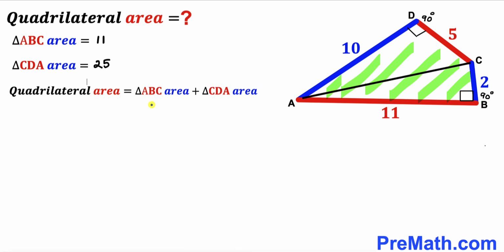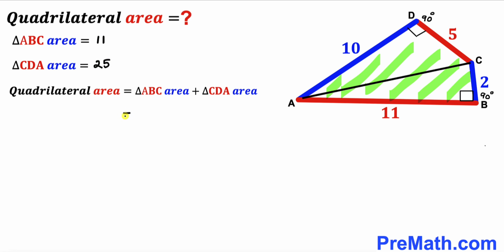And here's our final step. Now we are going to calculate the area of this whole quadrilateral ABCD. Let's recall this equation once again. The quadrilateral area is going to be equal to the area of the triangle ABC plus the area of the other triangle CDA. We already figured out both areas. Let's fill in the blanks.